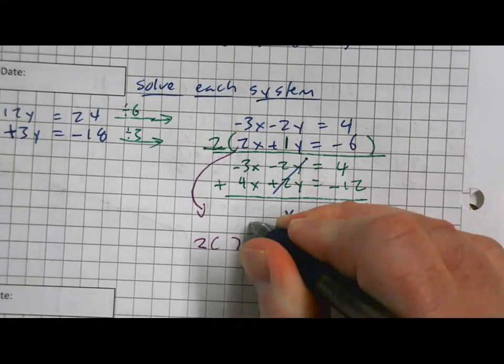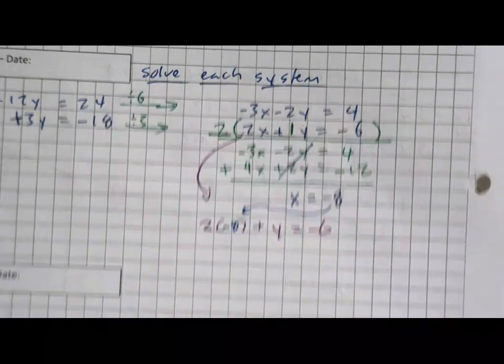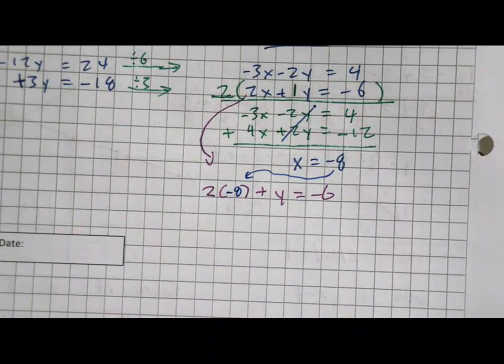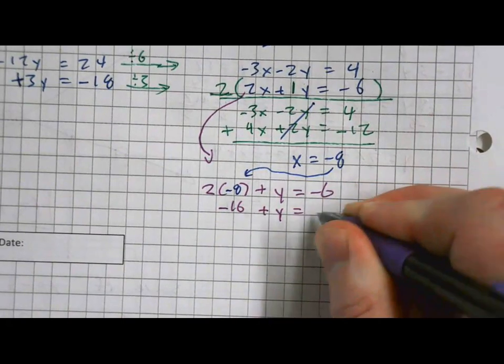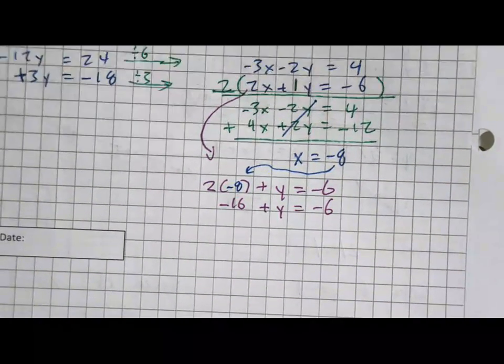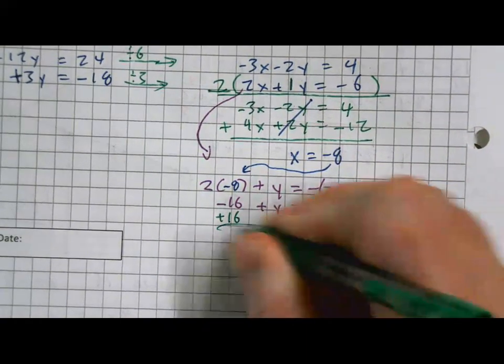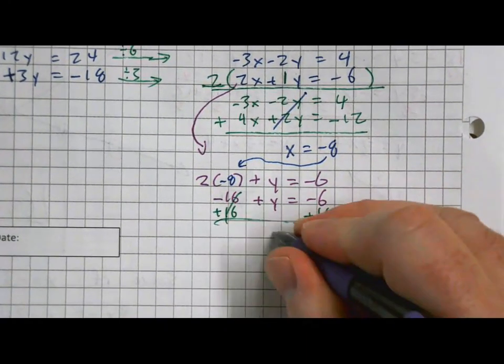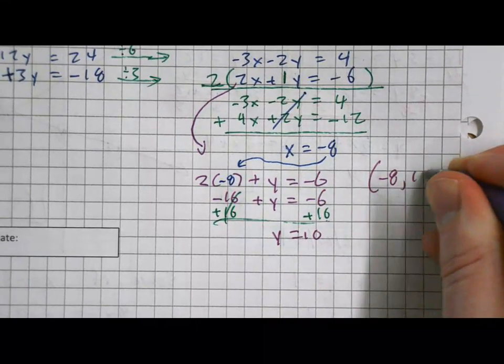X is -8. And then we just have to solve that equation. We're going to get -16 plus y equals -6. And one more step of algebra. Let's do plus 16 on both sides. And we'll have our y value. Y equals 10. So final answer, -8, 10.